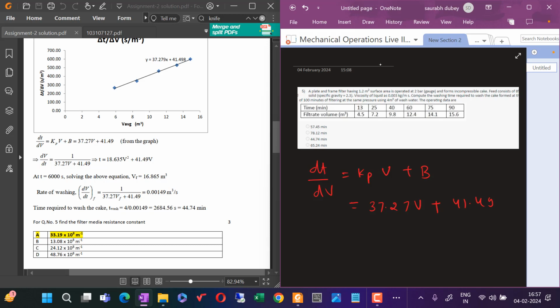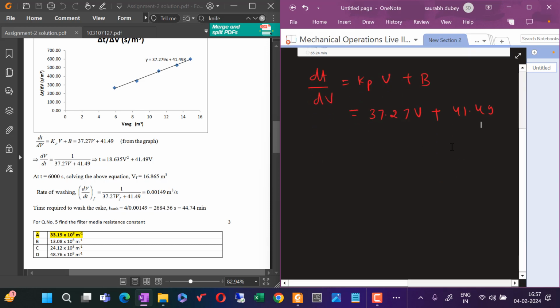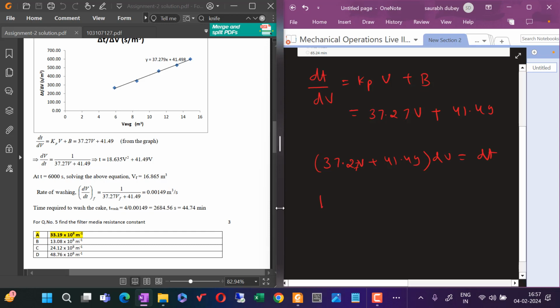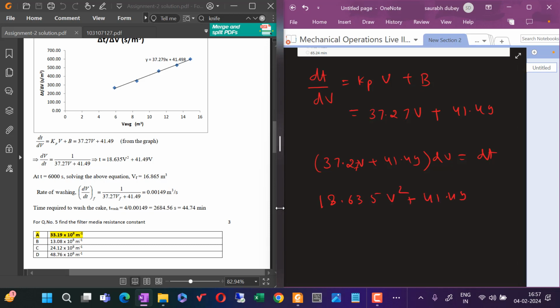And when you integrate it, taking dv this size, 37.27 v plus 41.49 dv equals dt. Integrating you will be getting 18.635 v square plus 41.49 v equals t.